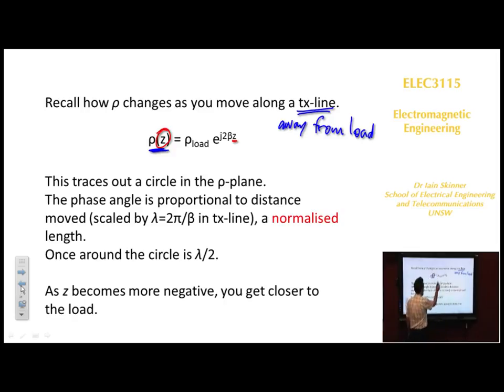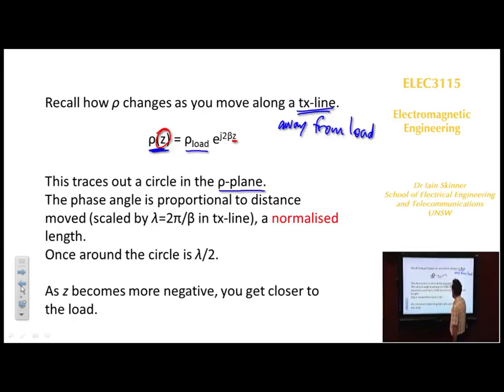So you have the reflection coefficient at the load and a complex phase. This is a complex number that runs around the origin in the complex rho plane. The phase angle is proportional to the distance moved away from the load.